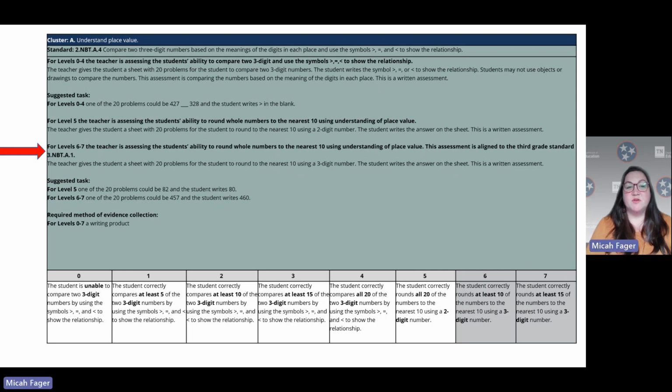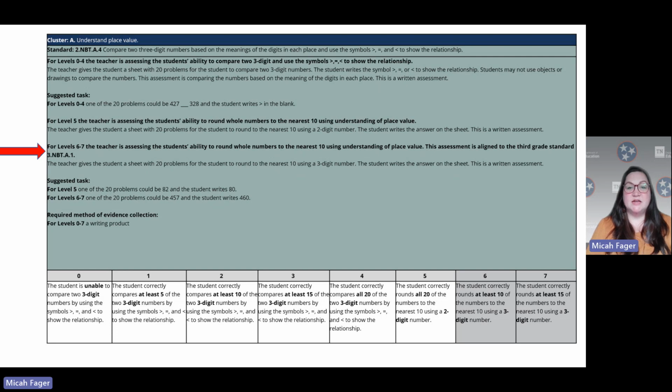When assessing for levels 6 through 7, the teacher is assessing the student's ability to round whole numbers to the nearest 10 using understanding of place value. This assessment is aligned to the third grade standard 3.NBT.A.1. The teacher will give the student a sheet with 20 problems for the student to round to the nearest 10 using a three-digit number.